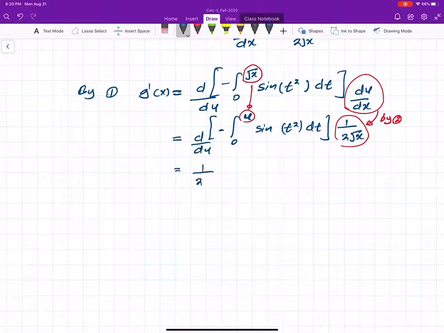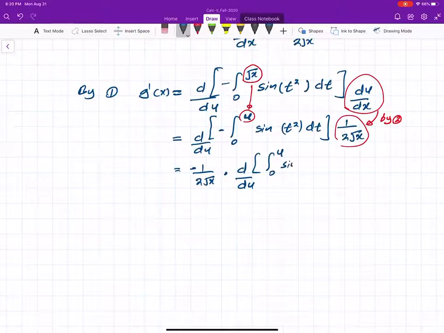I write 1 over 2 times the square root of x here, and then I write that negative here, and then I write d over du, integration from 0 to u, sine t square dt.